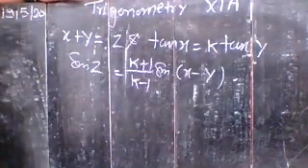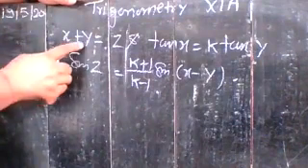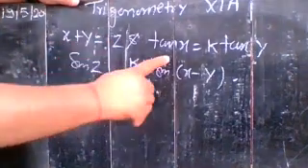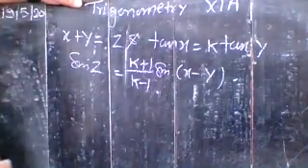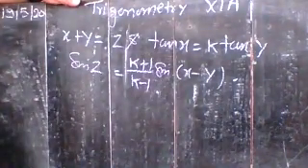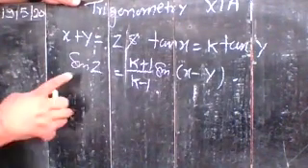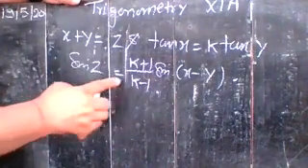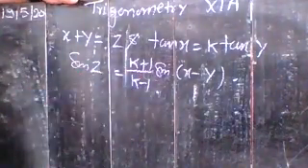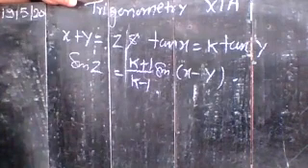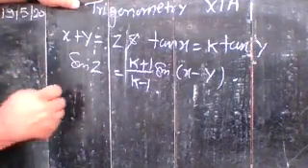So what is given? Here you have x plus y is equal to z and tan x is equal to k times tan y. That is given, and you have to prove that sin z is equal to (k plus 1) upon (k minus 1) into sin(x minus y). Okay, so how do you prove it?